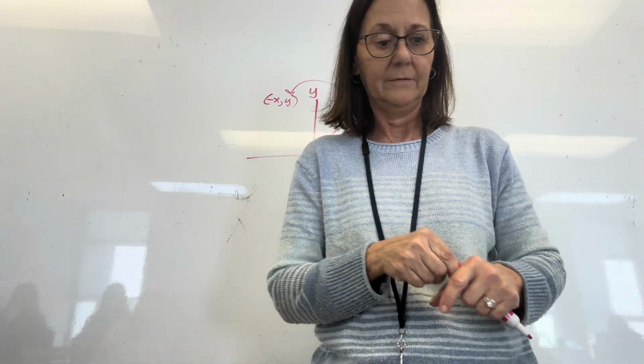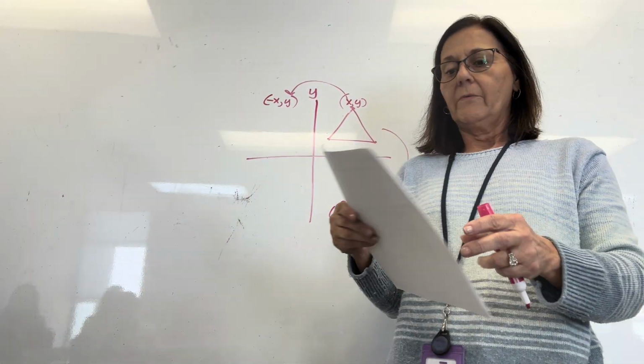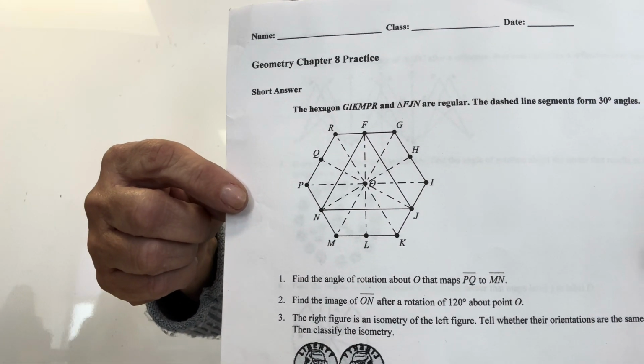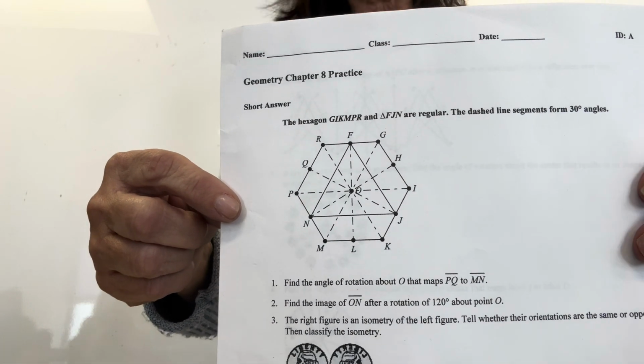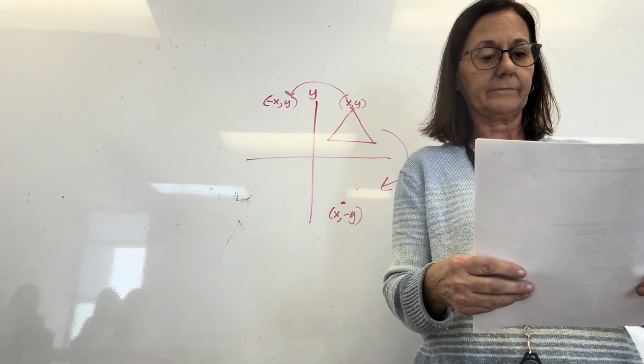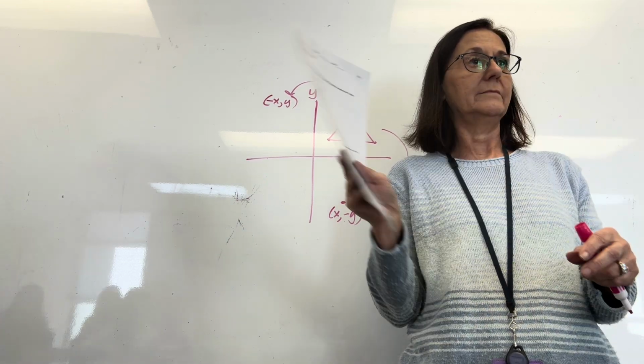All right. Now, let's look at the review practice. We have a hexagon. You see the hexagon? It's labeled. The midpoint of each side is labeled, and every vertex is labeled. Everybody see that?